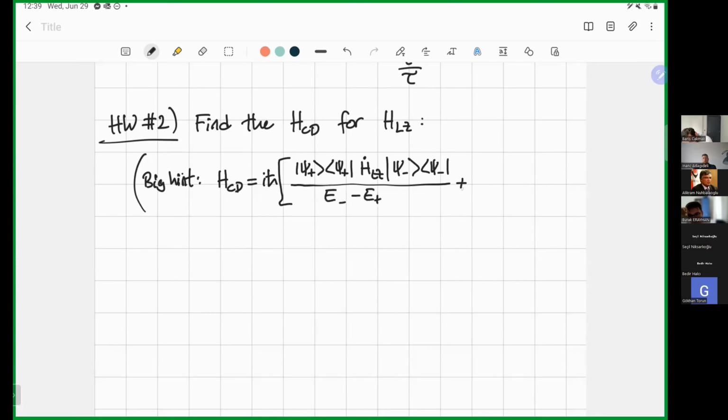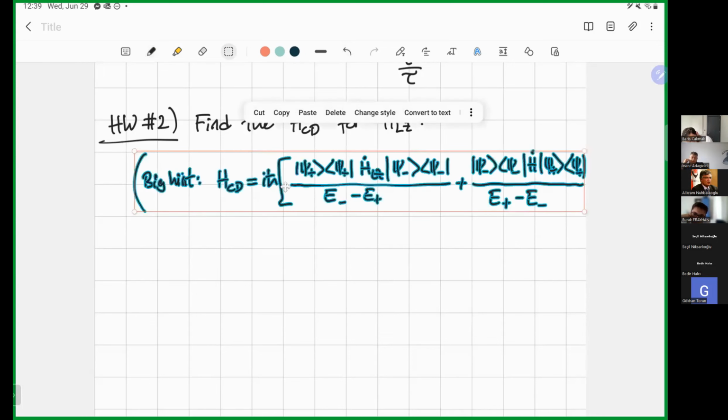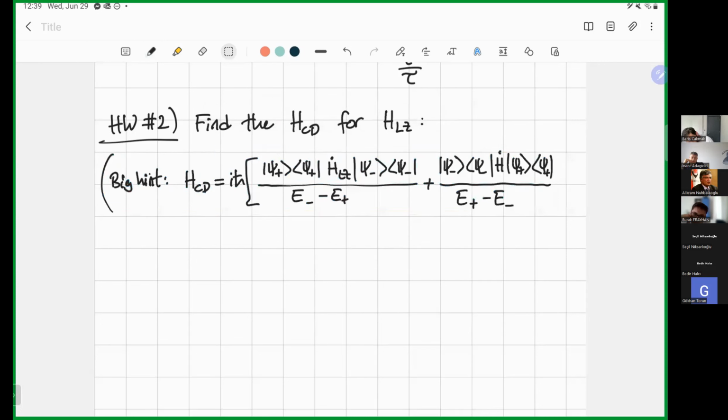The second term that you are going to have is psi minus H dot psi plus, and then you have E plus minus E minus here. So this is basically the term. But let's see what you get.